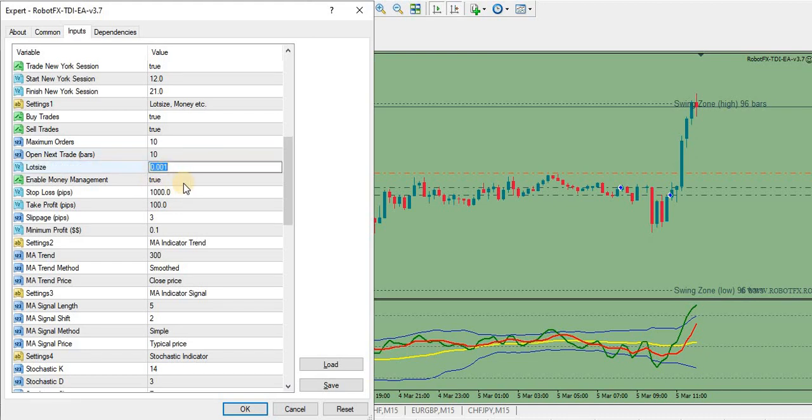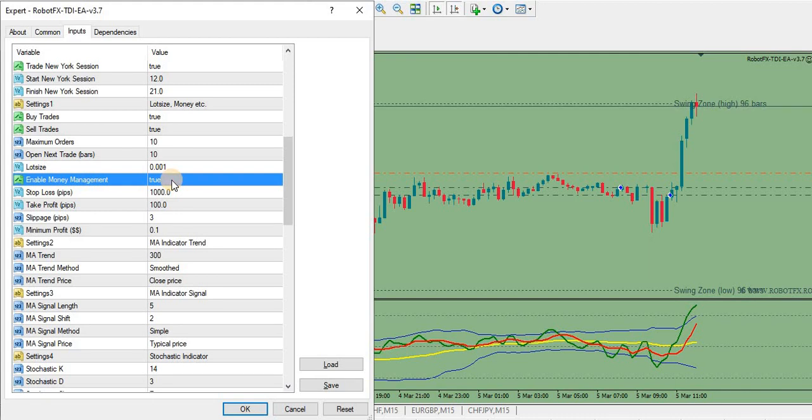There is an option to set the lot size of the expert advisor and also to enable or disable money management. Money management basically means that the expert advisor will use a percentage of the equity, sorry, not the equity, a percentage of the free margin to open a trade.